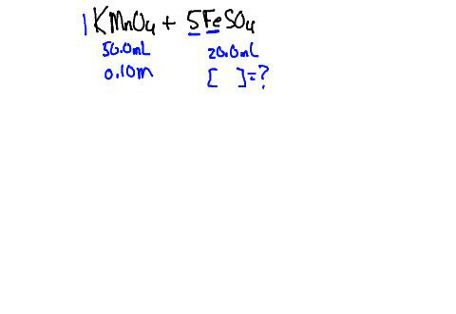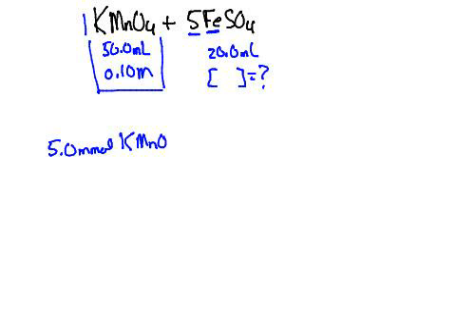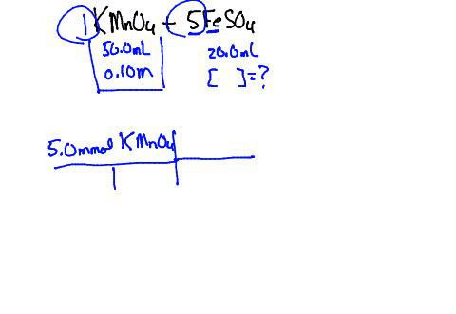All right, well, I see a volume and I see a molarity. Hey, look at that. M times V equals moles. So we can take 0.1 times 50, which is 5 millimoles of potassium permanganate. Now I can use my mole-to-mole ratio, it's 1 to 5.